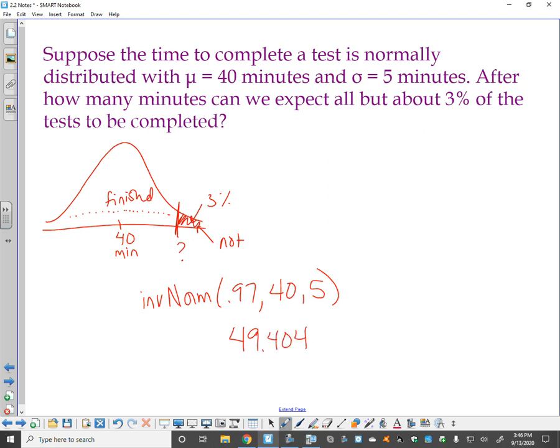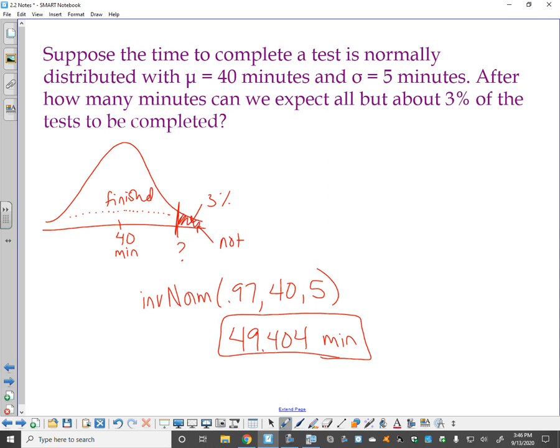49.404. Okay, is that a z-score? No, don't set it equal to z. That's 49.404 minutes. I can tell, or I can guess, that about 3% will be left to be completed after 49.404 minutes.